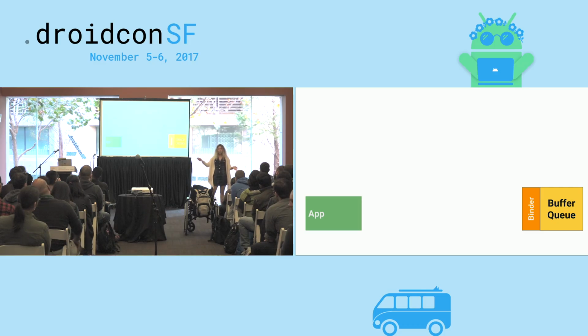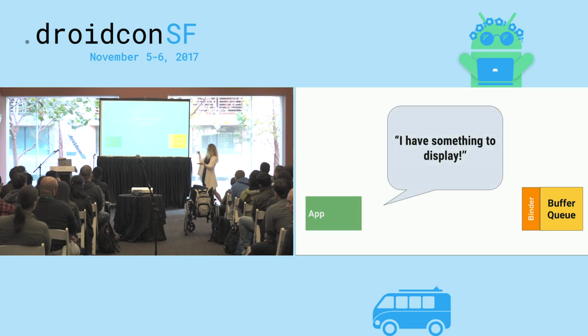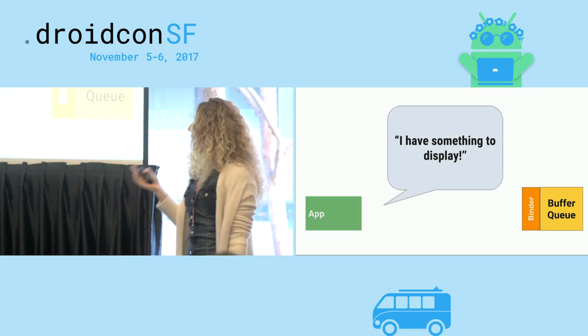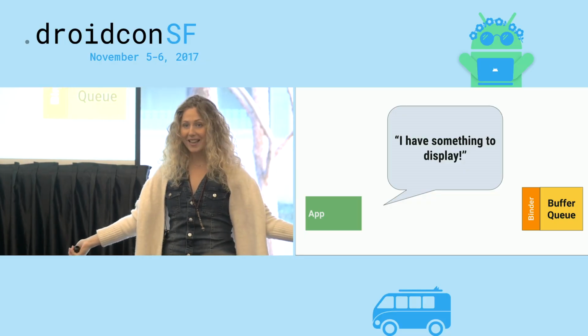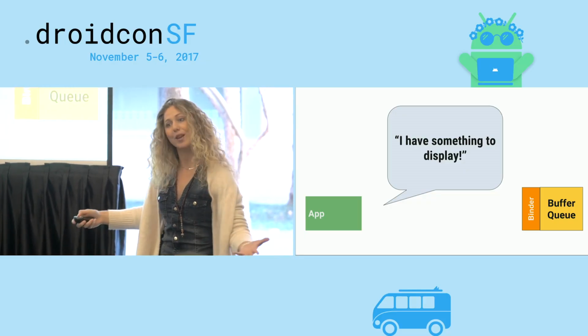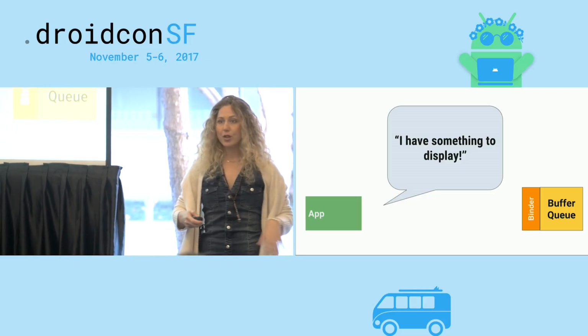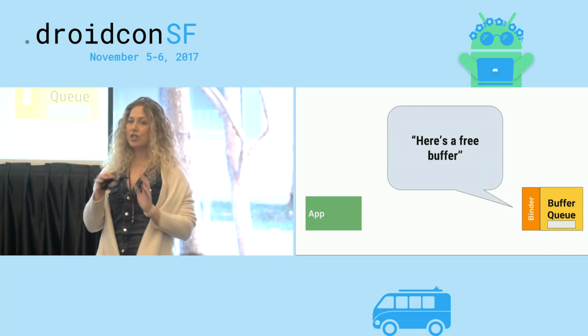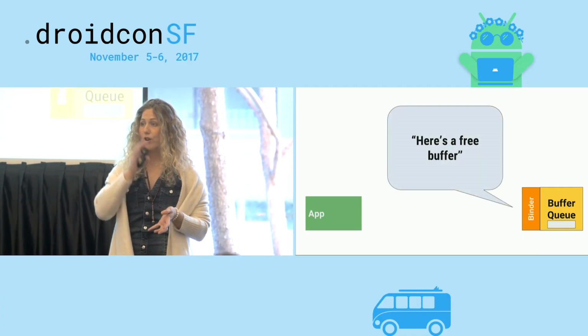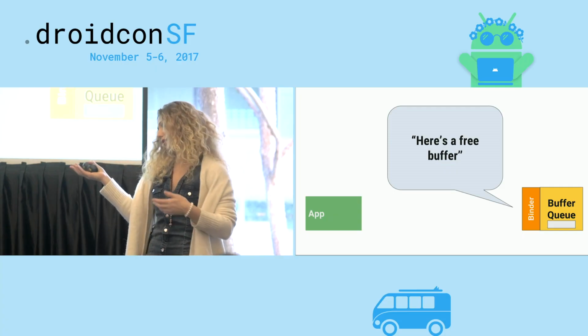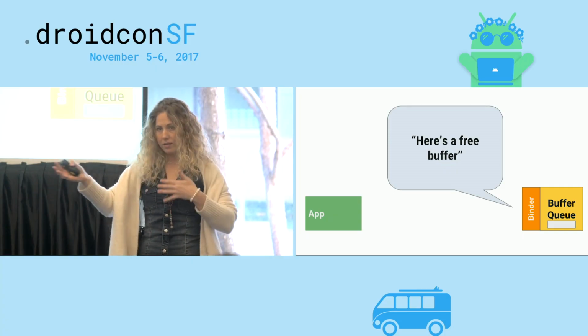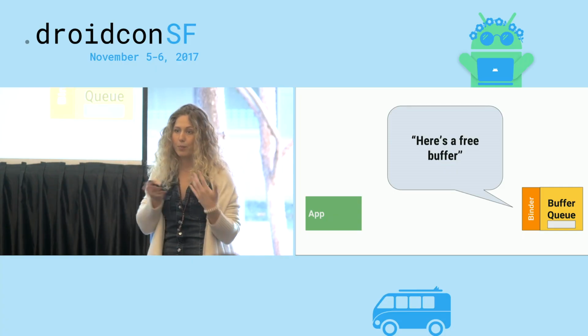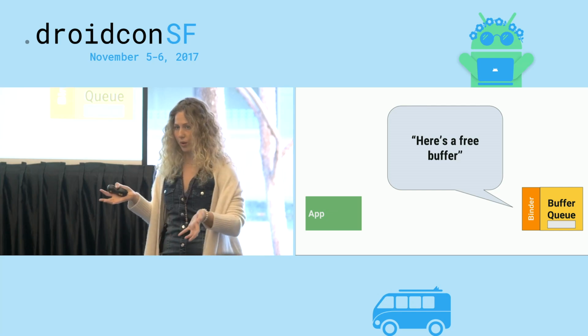And once you have a new display, you're just going to go to the buffer queue through the binder and say, listen, I have a new frame that I want to present. So the buffer queue is really excited and is going to search the queue for a buffer that is not being used right now, because we don't want to give him something that some other process uses or something that we see on the screen right now.